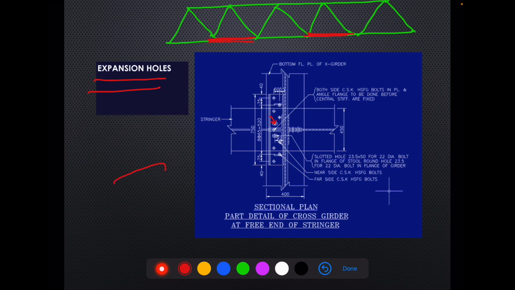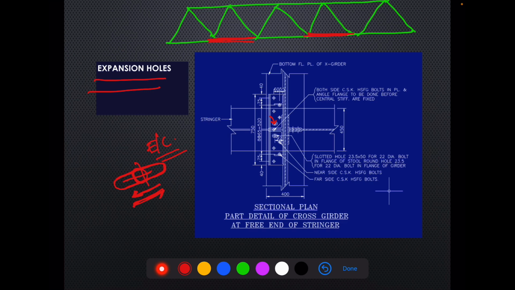So here is something like this slotted hole, and a loose fitted bolt is provided, which can move longitudinally, so that our stringer can breathe, it can expand or contract depending upon the temperature.